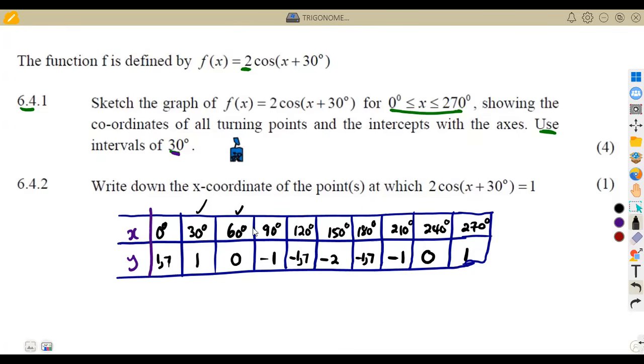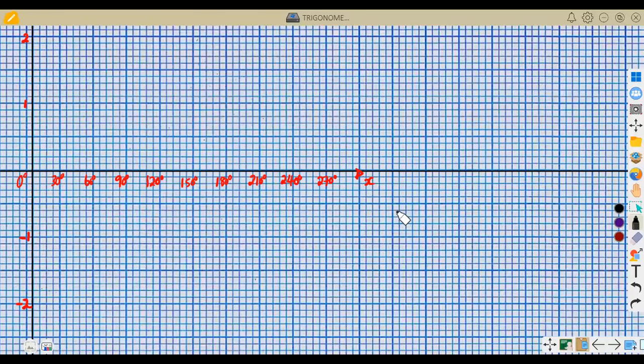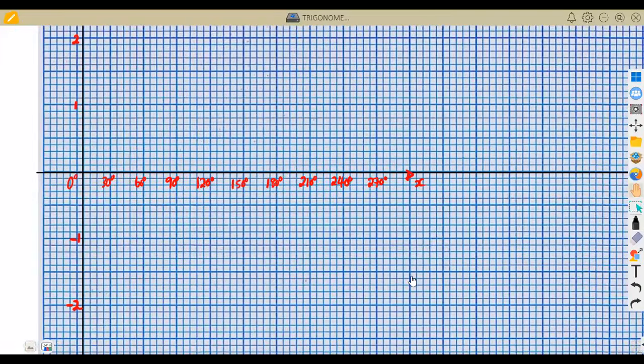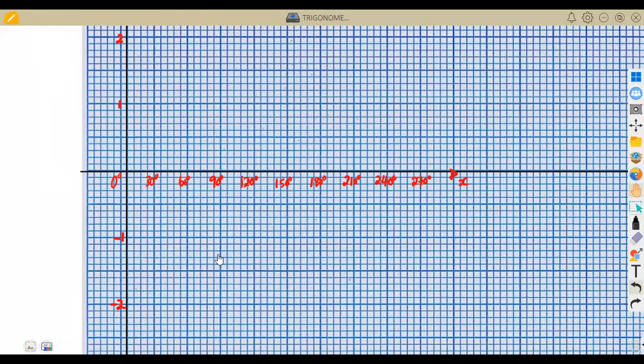All right, so I want us to take these values here on our graph. This is where we are having our graph. I don't know if it is going to be clear. So I want to explain from this graph first before we put in our values.